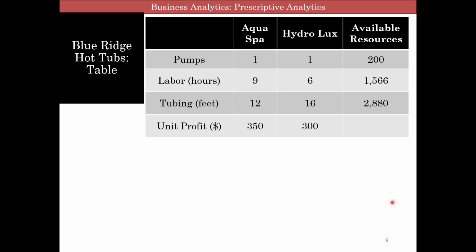And when you put it in the table, it makes things pretty easy to read. And so here now you have pumps, labor hours, tubing, and unit profit. And putting it in this form makes it easy for you to do your mathematical equation.